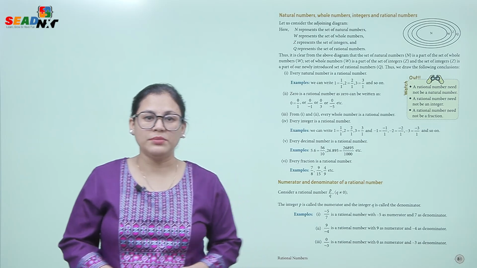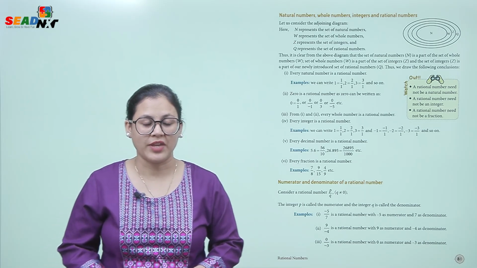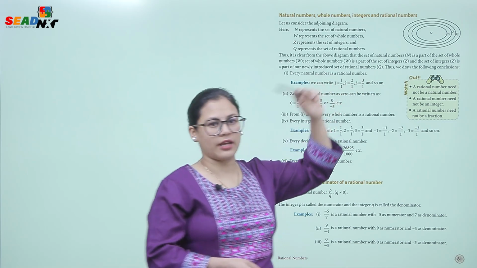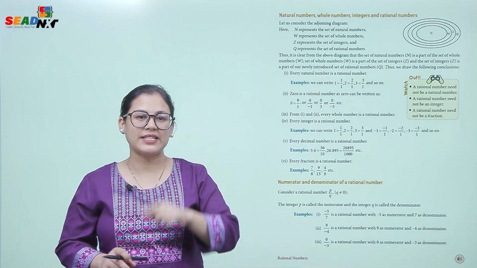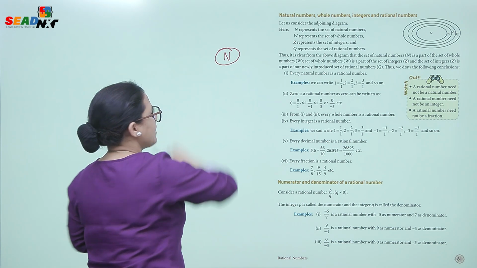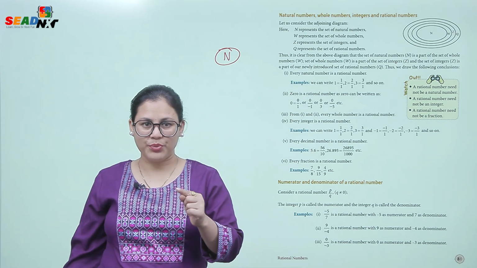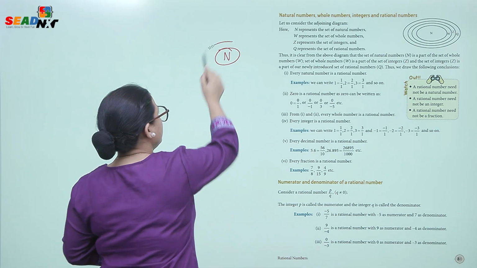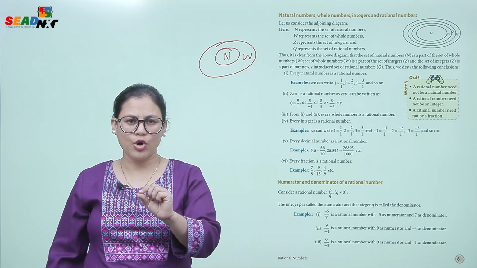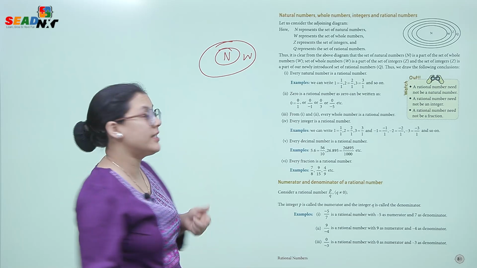Natural numbers, whole numbers, integers and rational numbers. Let us consider the adjoining diagram, means this diagram. Okay, so N represents the set of natural numbers. W represents the set of whole numbers. Then Z represents the set of integers, okay.